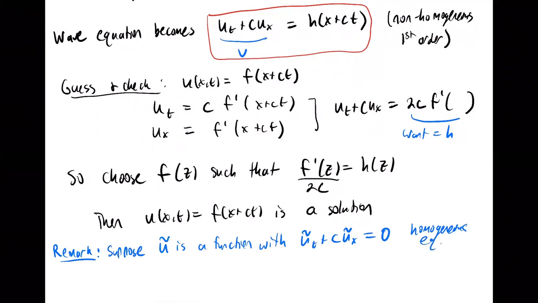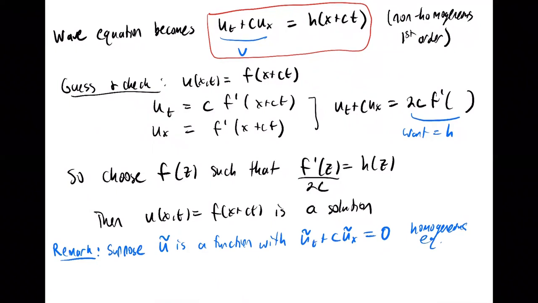Well, if I add this function to u, I'm going to get another solution to my original problem, right? So the claim is that if I add u plus u tilde, I take the t derivative, and then plus c times the x derivative of u plus u tilde, the claim is that this also has to equal h of x plus ct.